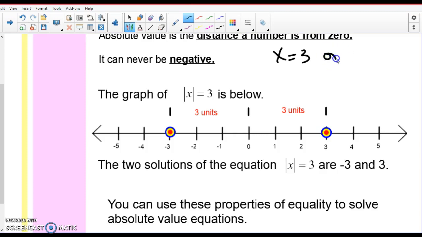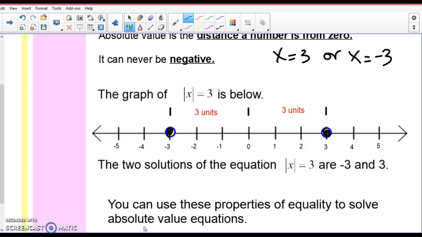Or x could be negative 3, because the absolute value of negative 3 is also 3. So what is inside my absolute value could be 3 or negative 3. If I drew the graph of this, it would look like this. 3 and negative 3, there's my 2 answers. So there's not going to just be one answer when you are solving an absolute value problem.